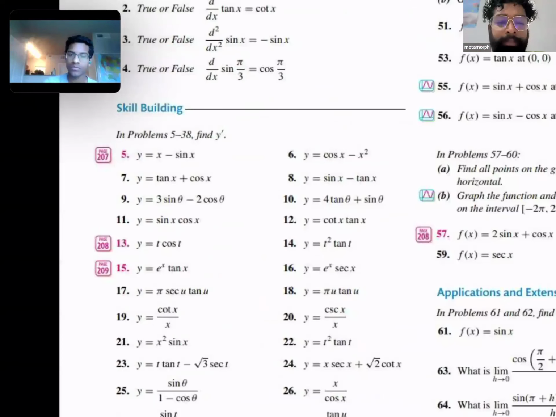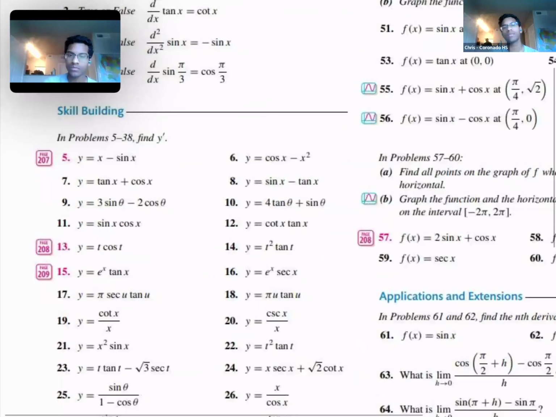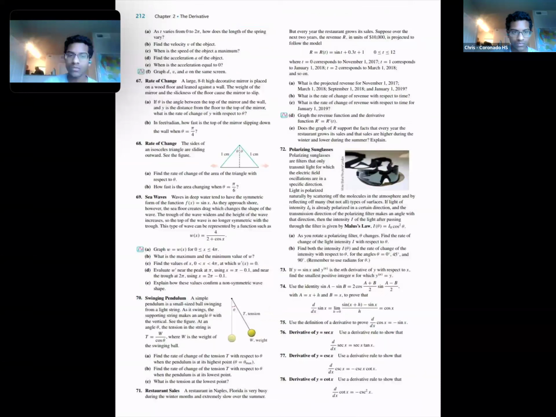Let's pick up a few sums and solve them. Question 5. What page number is it showing? 212, sir.